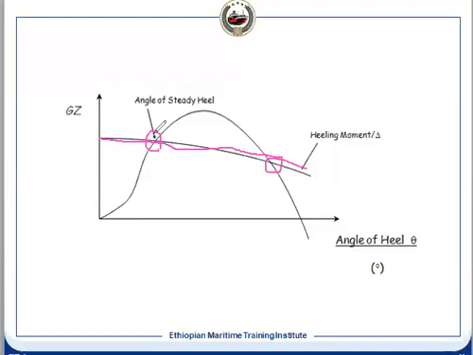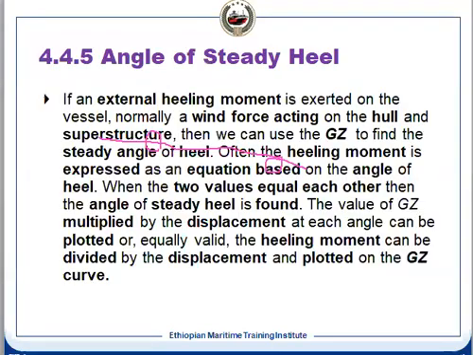Always we will be getting two values. So the steady heel will be at this point and at this point. At this point ZZ is reducing, but it will have a steady value here. So this is called the angle of steady heel.